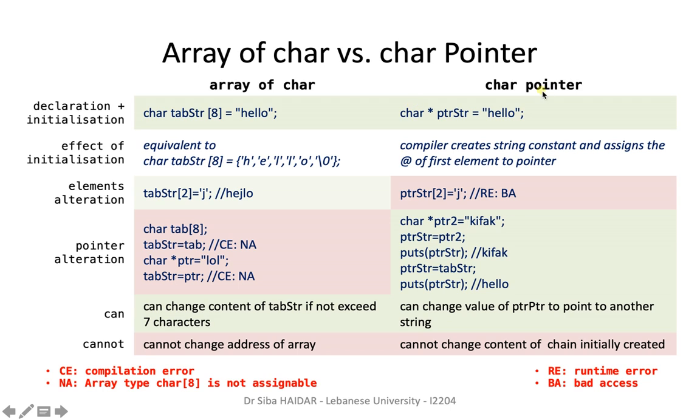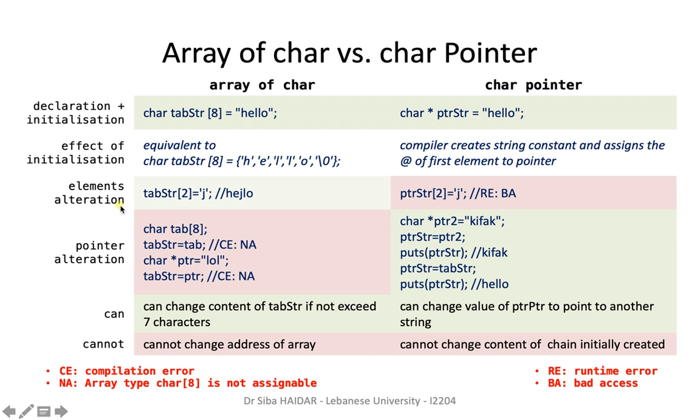For the char pointer, we have to declare char star and the pointer variable name, followed by the initialization for sure. The effect of initialization: this is equivalent to declaring an array and initializing it on the declaration with the characters. And in the char pointer, the compiler will create a string constant and will assign the address of the first element to the pointer.